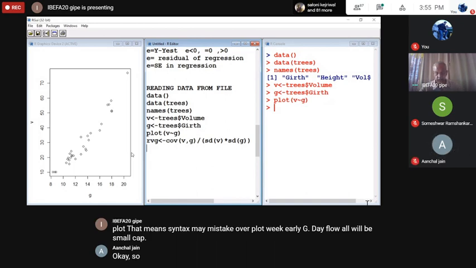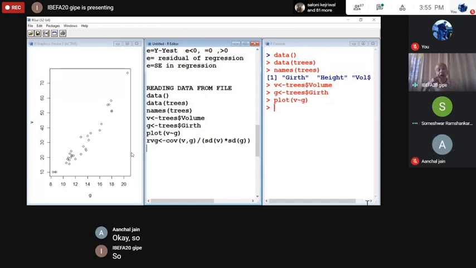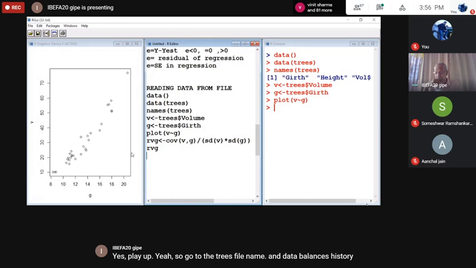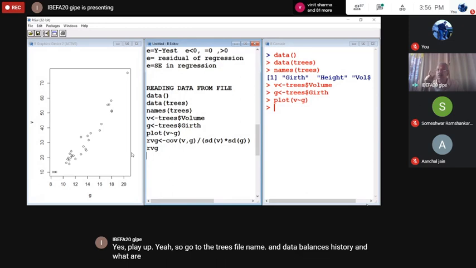Sir, I have a question. Can we choose any other file instead of trees? Yes. So go to the trees file name and data parenthesis trees. And what are the variables? You have to give names trees.